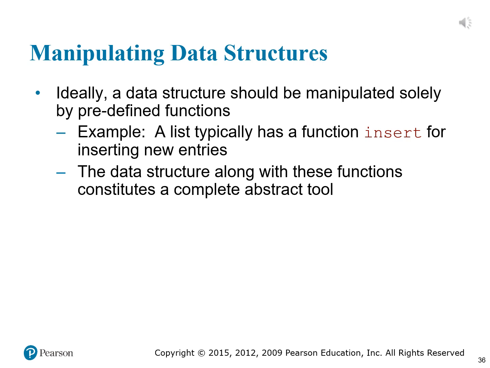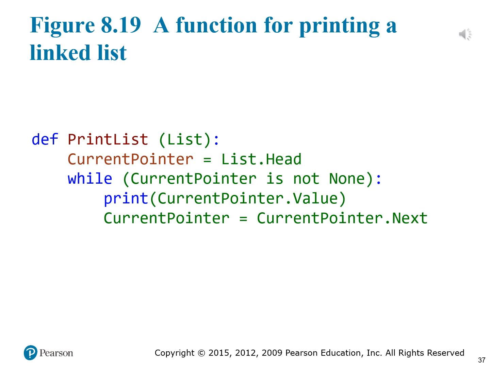For example, a stack data structure can be operated by push and pop procedures. The data structures, as well as the procedures, form an abstraction for us to create, manage, and process data. Figure 8.19 presents a procedure named print list for printing a linked list of names. This procedure assumes that the input is a list of items.